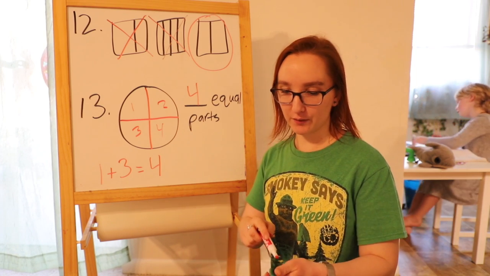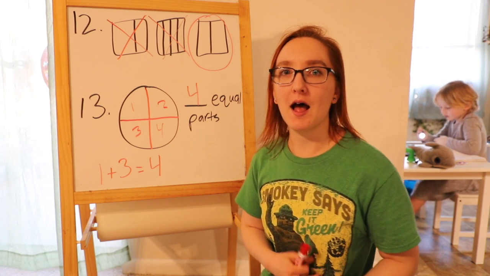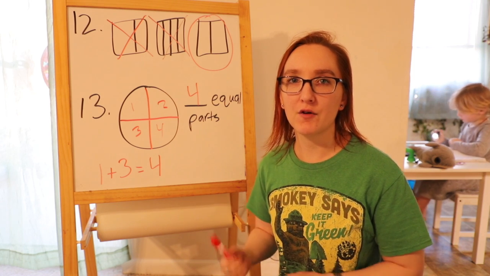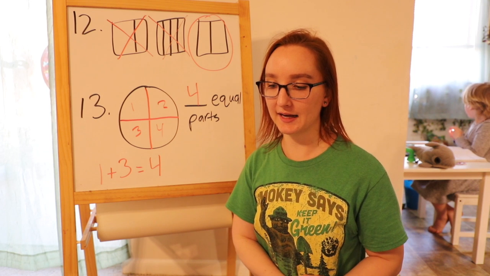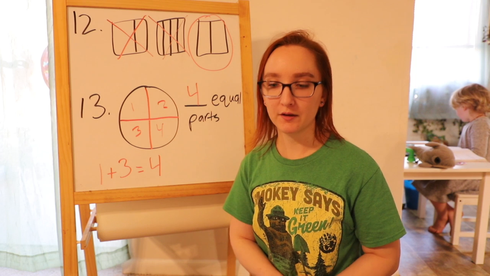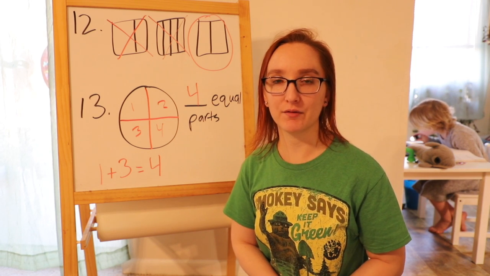Alright, so now you are going to start working on problem number 14. I'm going to read it out, you're going to pause it, and then we're going to go over it together. So number 14 says, Isabel and Katie cut this pizza to share with their 2 friends. Tell why they are wrong and make it right.